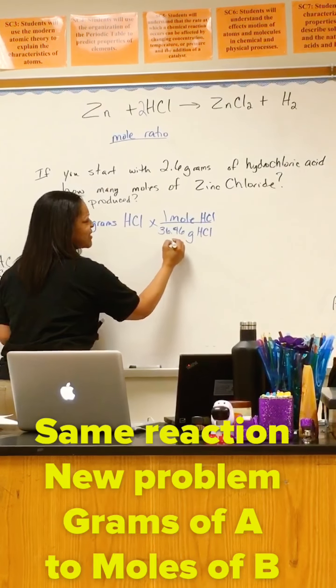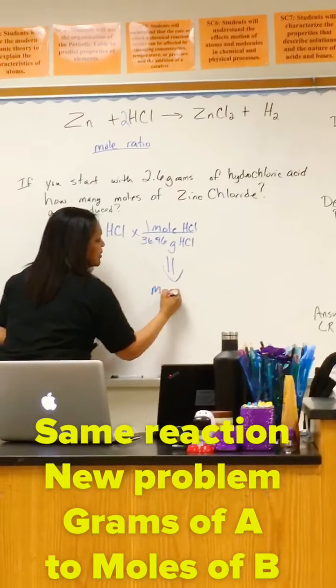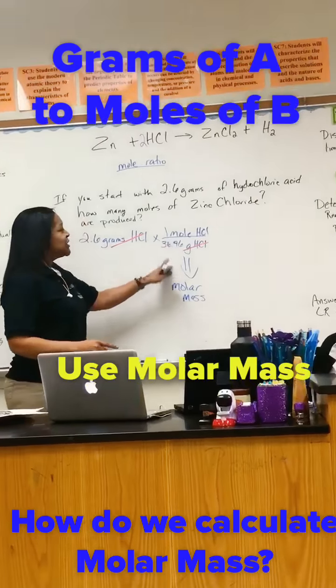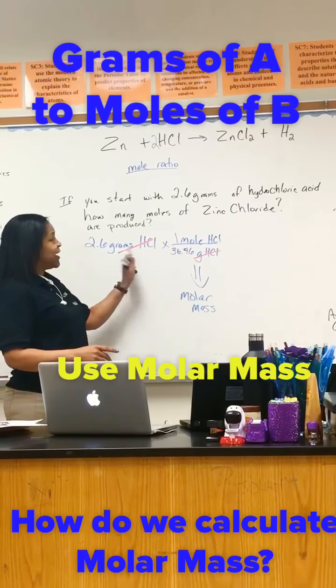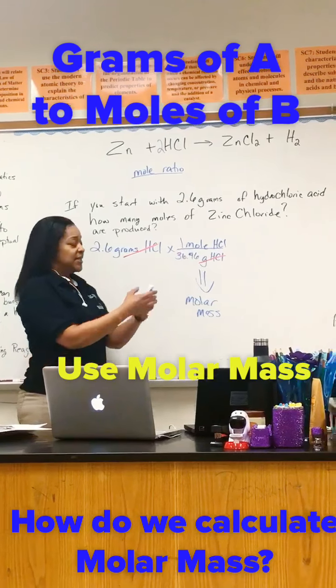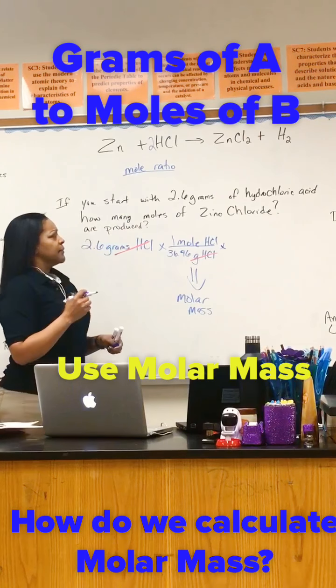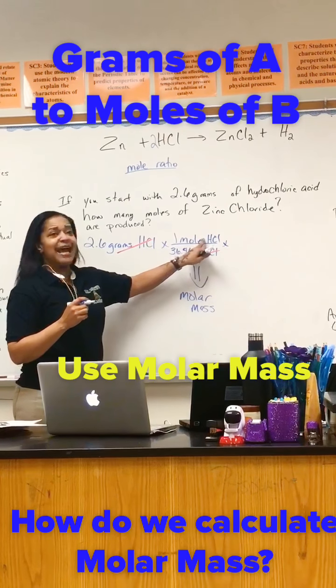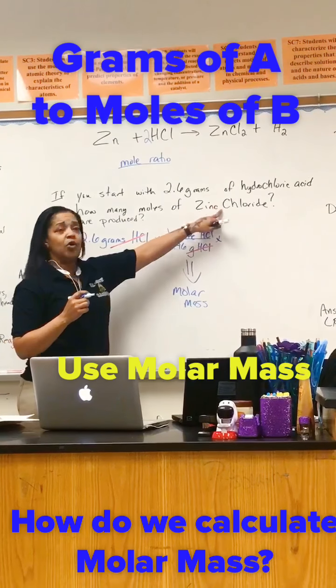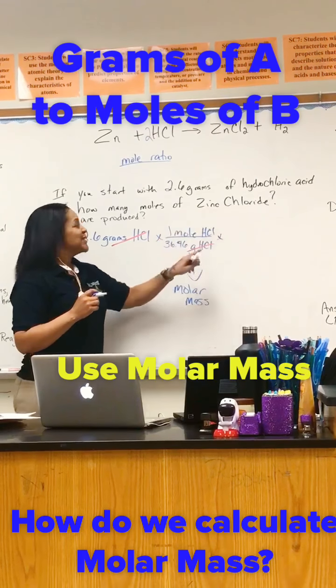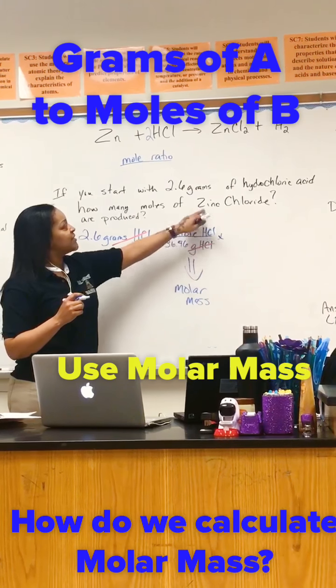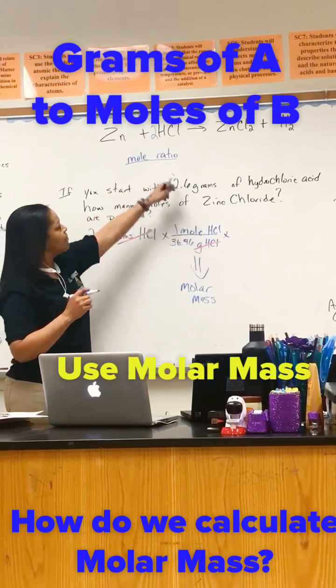Okay? Now, where did this come from again? What is this? The molar mass. Now, we're using this molar mass again to get from grams to what? Moles. So now we're going to use the mole ratio to get us from talking about these apples to talking about the what? Oranges. Okay? So to go from HCl to zinc chloride, I'm going to have to use the mole ratio for this.